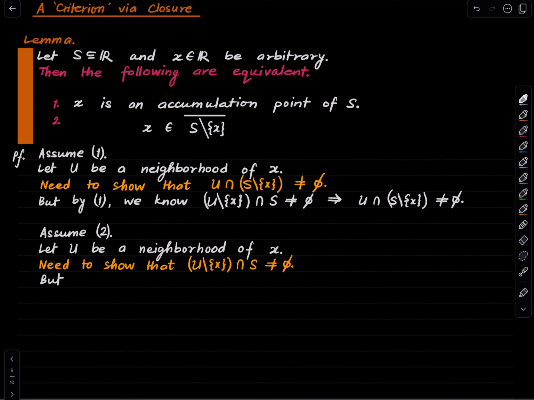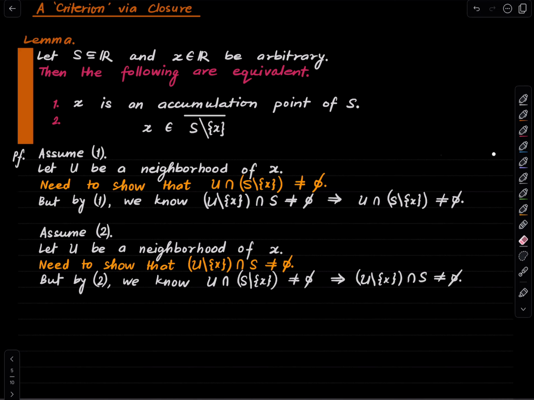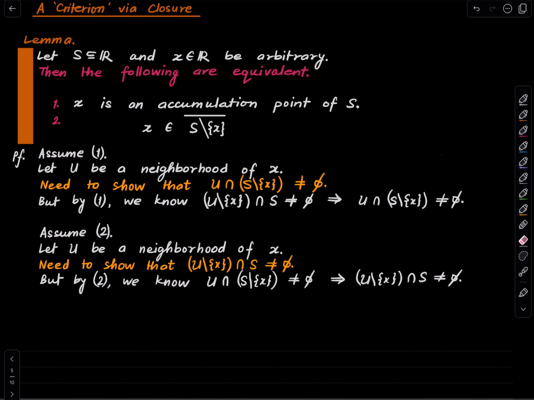Since 2 holds, we know that any neighborhood of x will intersect this set, so we know that U intersection this thing is non-empty. But that is exactly the same as saying that the punctured U intersection S is non-empty. So that's it. That proves 1, and we have shown this. This is a very simple deduction, but it helps. When we think about accumulation points, remembering this is a good idea.